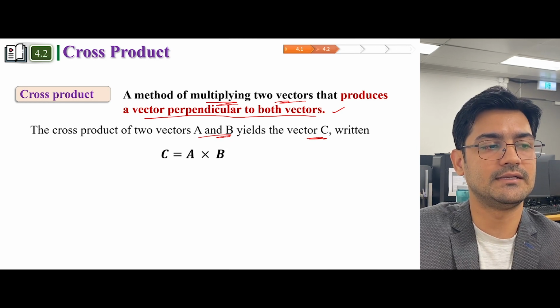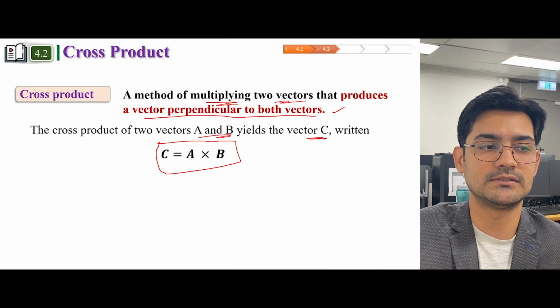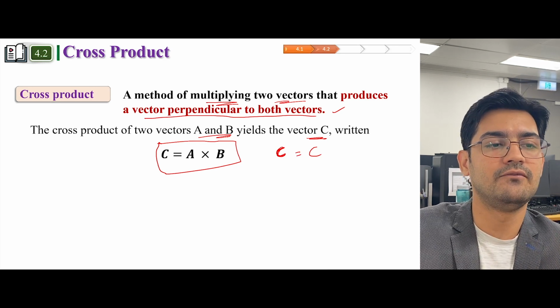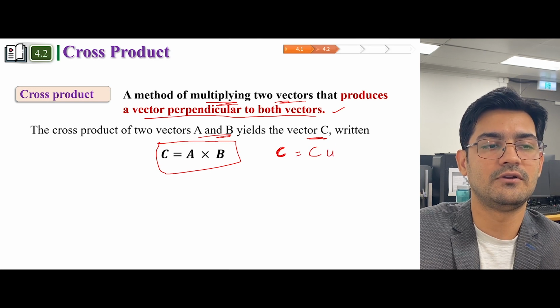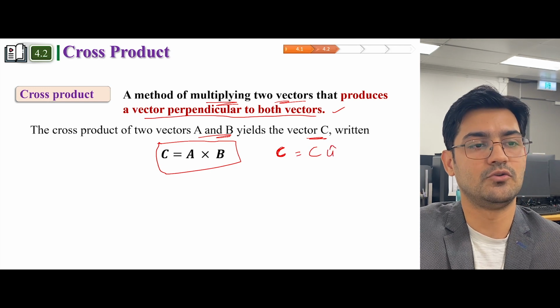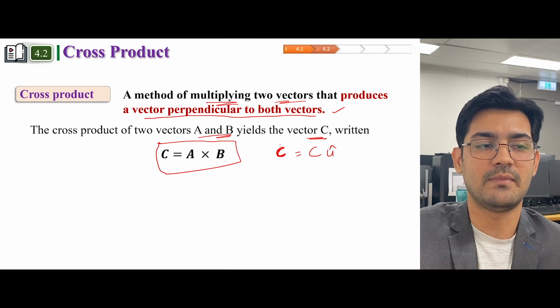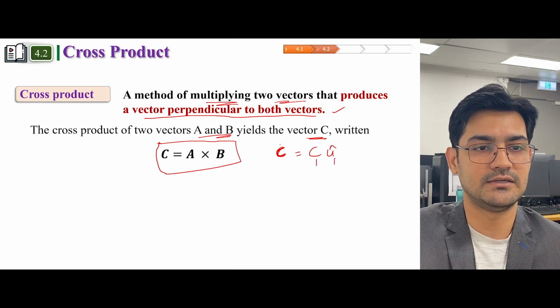Mathematically we can write this with capital letters in bold. Bold indicates that it is a vector, and if it's not bold, then it indicates the magnitude of that vector. We also need some kind of direction notation to point out a direction, because a vector has a magnitude and also a direction.